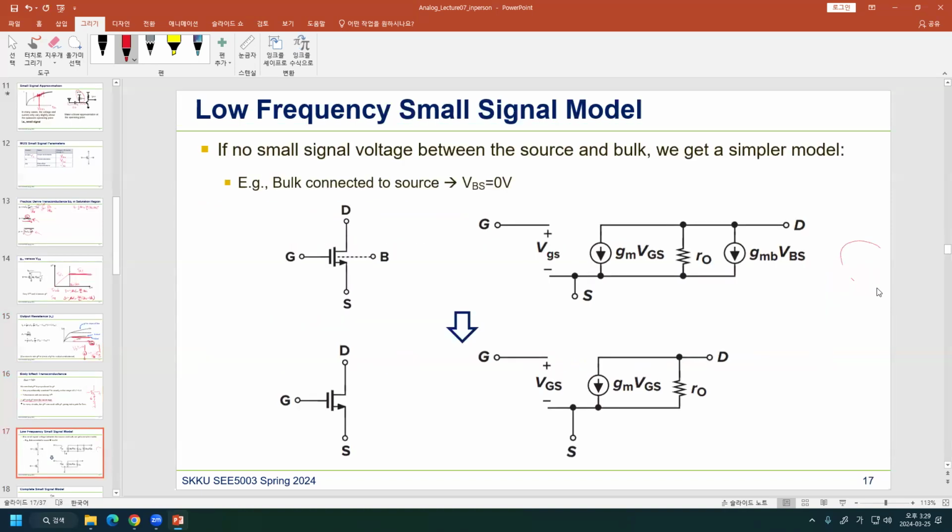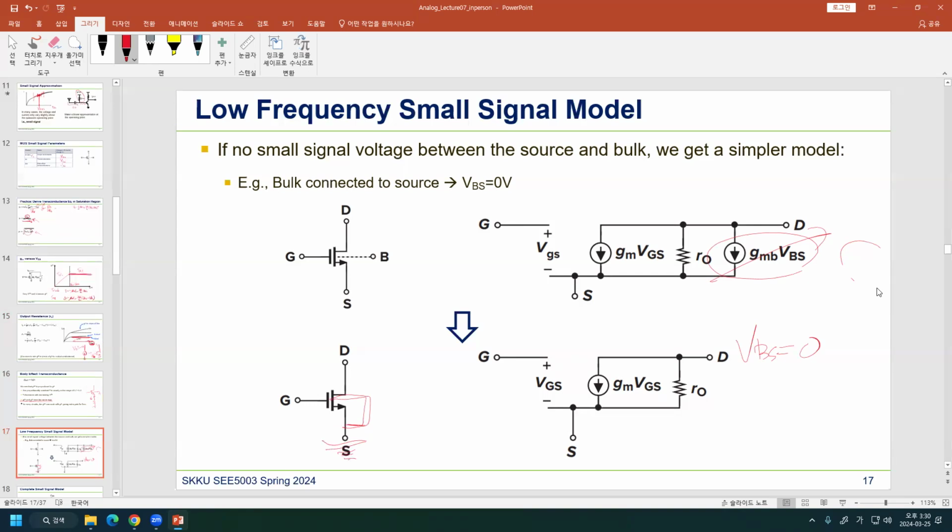So here's the small signal model. This is very important, of course. We have to memorize it. We always use it for our circuit analysis. Here you see that this part has disappeared, right? Because VBS is 0, since they are just connected in NMOS, and usually this is ground.